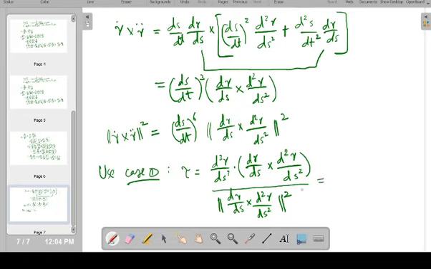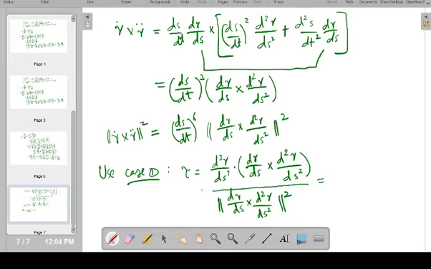This is equal to... what I do here is multiply and divide throughout by ds by dt whole to the power 6.